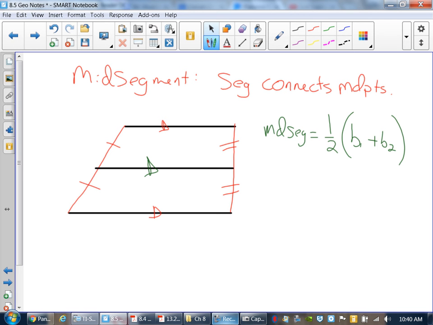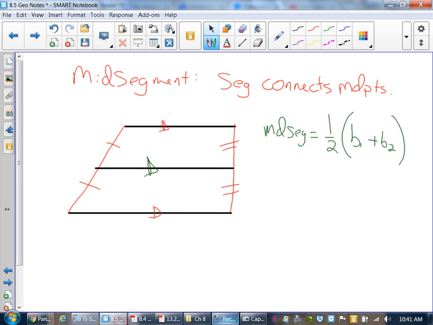If I multiply both sides by 2, the fraction goes away and I get, if I double the mid-segment, it equals the sum of the bases. So there's two ways of working with mid-segments. It's really dependent upon what you're more comfortable with. Some people are comfortable working with fractions, some people aren't. It's not a big deal.